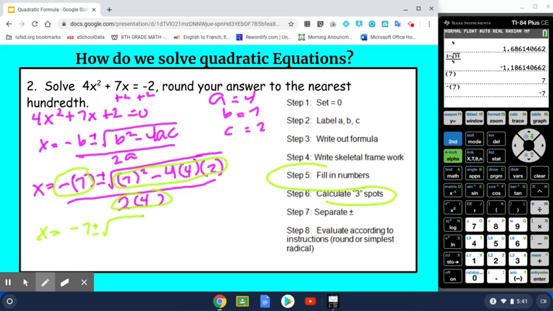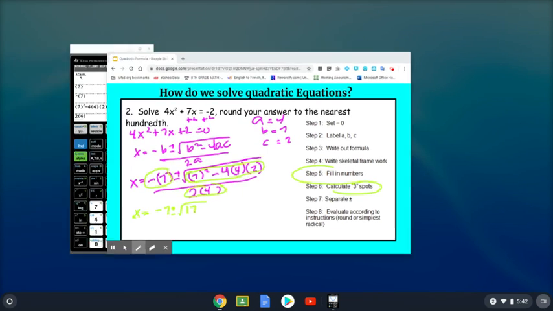Now in the calculator, you're only plugging in what I circled. I didn't circle the radical. So you're going to do 7 squared minus 4, parenthesis 4, close it, open it, 2. And you should get 17. And then on the bottom is 2 times 4, which is 2 parenthesis 4, which should be 8.